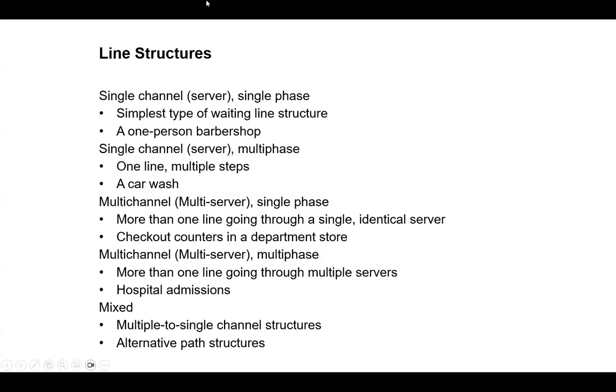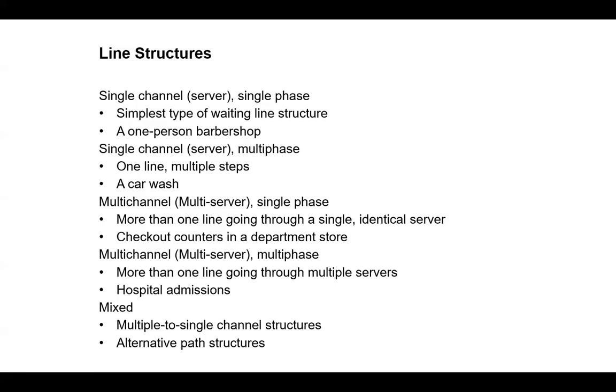Back to the slides, it gives you some examples for each structure. For single channel, single phase, there's the one-person barber shop. We have one server to serve one customer, and we only have that one step: you just do the barbershop stuff.